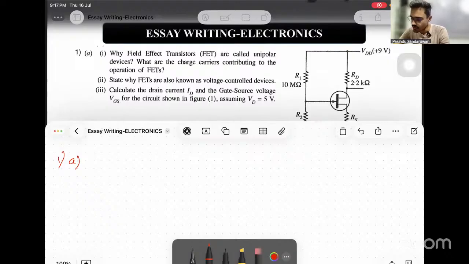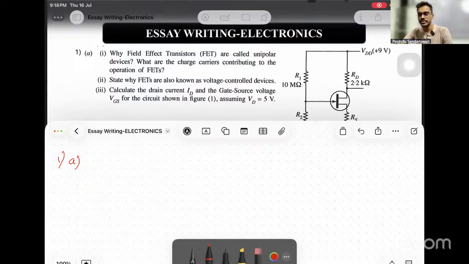The first question asks: why are field effect transistors, FETs, called unipolar devices? What are the charge carriers contributing to the operation of FETs? Unipolar devices work only with one type of carrier.